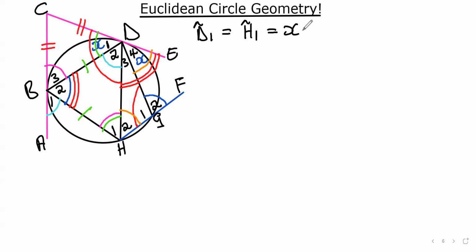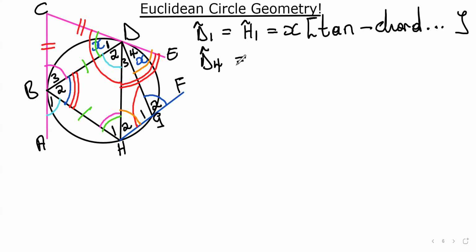And of course, both of them are equal to x for the reason I just mentioned. So you'll write the theorem there. And also, angle D4 is equal to angle H2, and both of them are equal to x, for the same reason, the tan chord theorem. That's true.